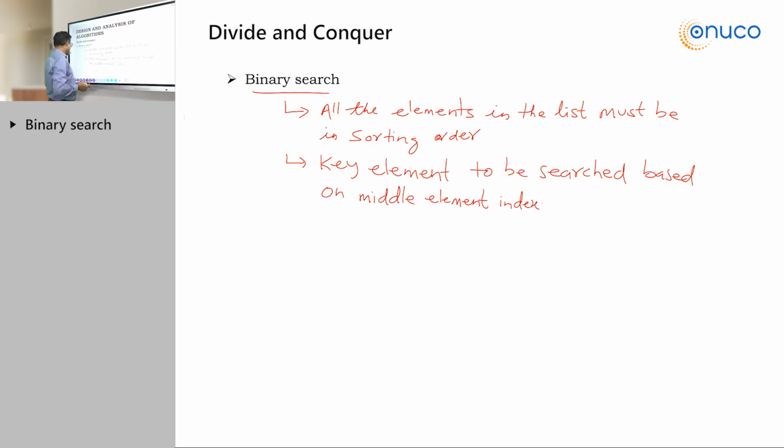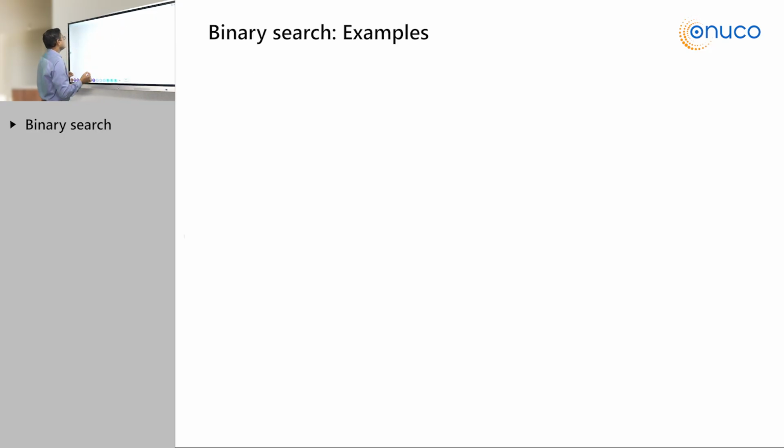Let us see what I am trying to tell you. Say here we have the elements 5, 10, 15, 20, 25, 30. How many elements do we have? Here we have 6 elements. So we are going to write the indices 0, 1, 2, 3, 4, 5.